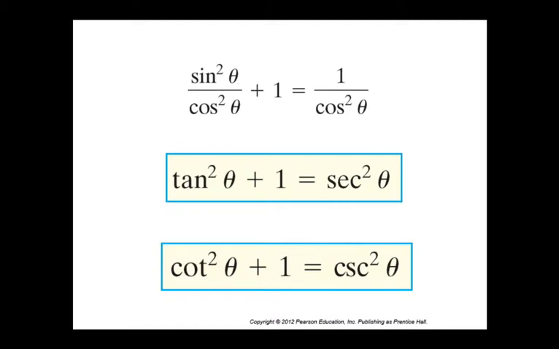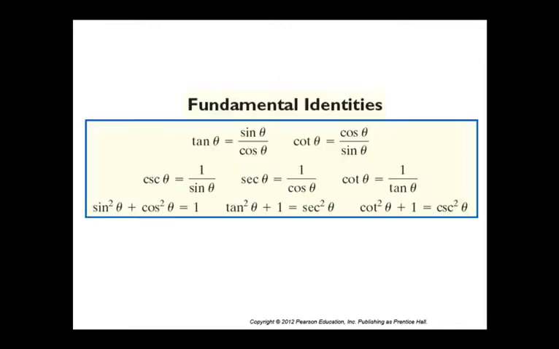Same is true about cotangent and cosecant. So you have those three basic fundamental identities for the Pythagorean. You have your inverse identities, and then you also have your relational ones.